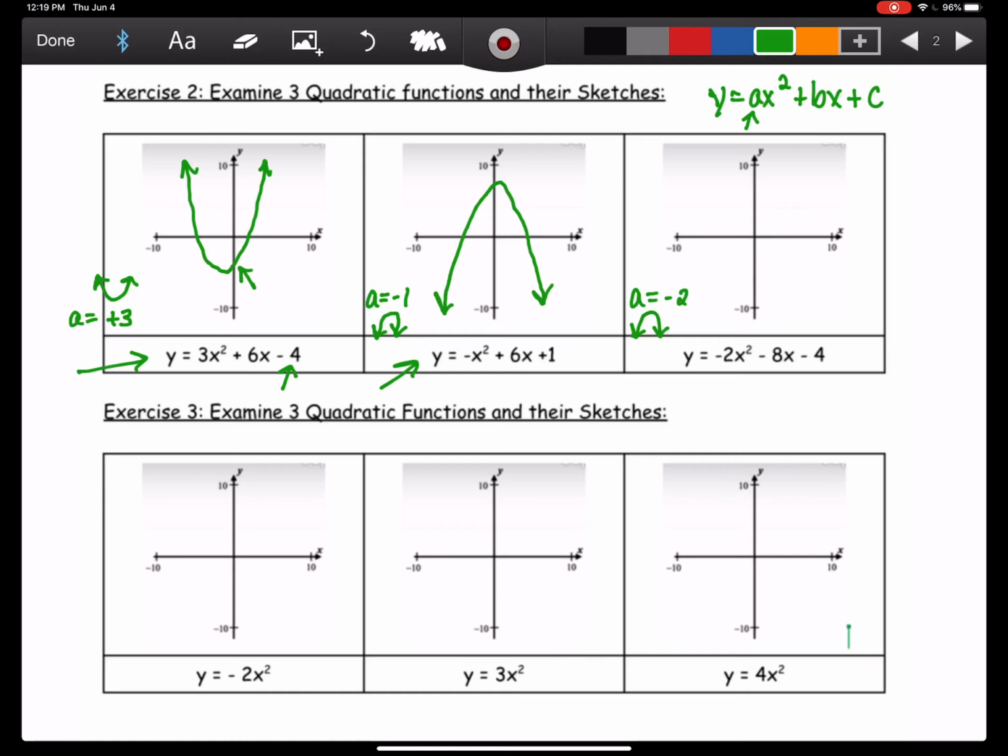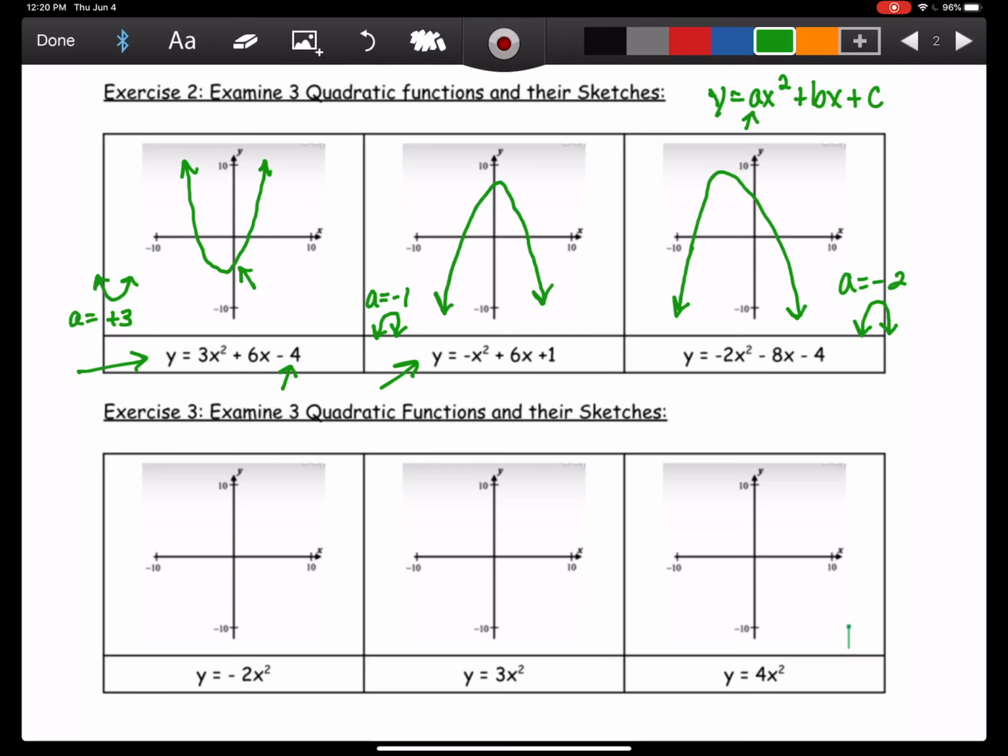I'm not going to draw the whole thing that way. We can still see what I wrote. The a equaling negative 2 causes it to open down. Actually, let's make it look a little nicer. Let's move the a equals negative 2 off to the side and remind ourselves that this causes our parabola to open down. Okay? All right.